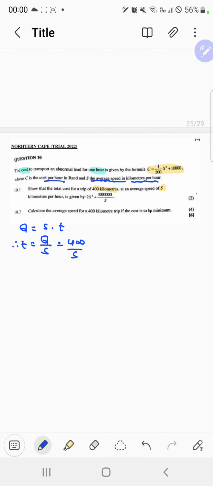Now we know that we're getting paid money per time, so this new situation will simply substitute into that. So the cost for a 400 kilometer trip, you can make it a subscript, is going to be equal to this time here that we need, which is 400 over s, times the cost per just 1 hour. Now this is going to be 1 over 200 s cubed plus 10,000.